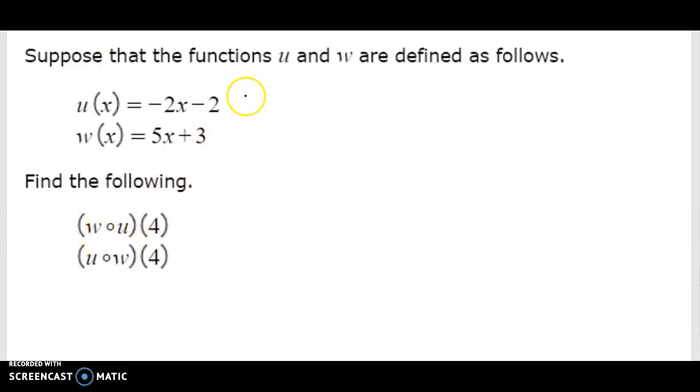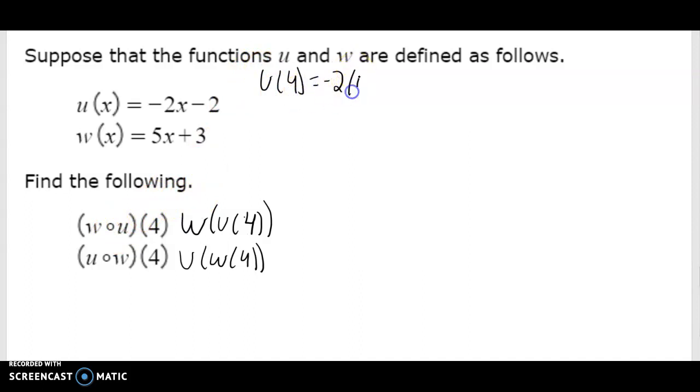This is asking us for, if I started with a W and then put in a U and the 4, this is asking us for U of W of 4. So we're going to go ahead and do this first, W U of 4 first. So this notation with the circle, we can rewrite it. So U of 4, everywhere I see an x in the U function, I'm going to put a 4.